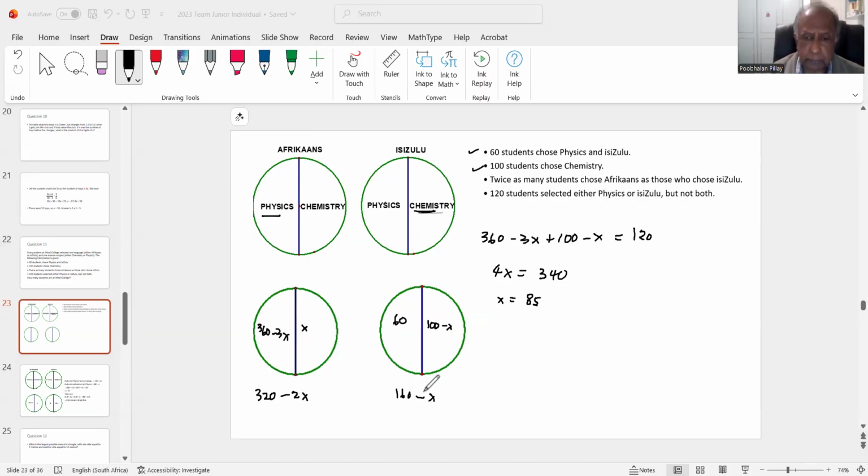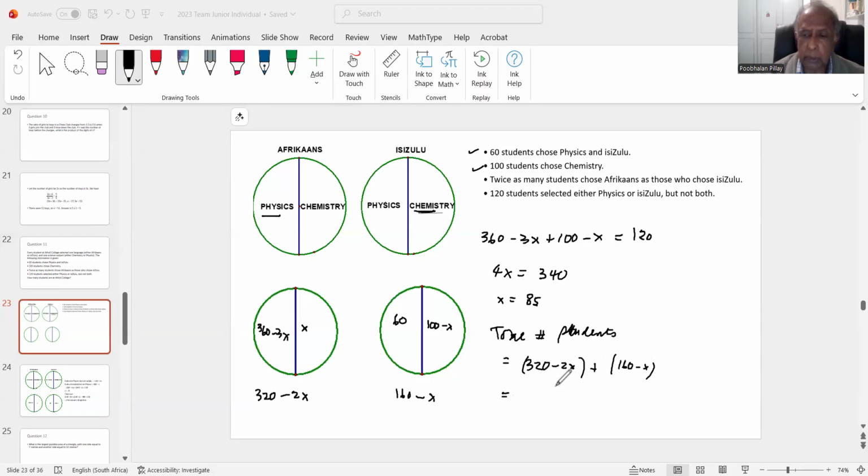So altogether, you have these two add up together. It's the total number of students, which is equal to, if you add these two, 360 minus 2x plus 160 minus x.